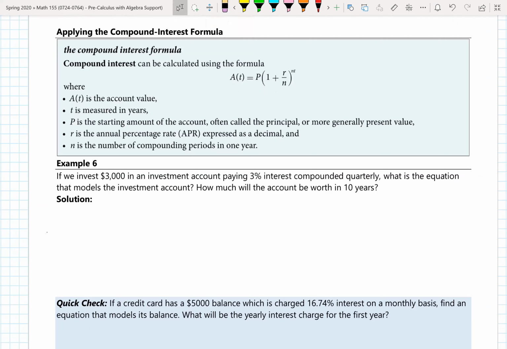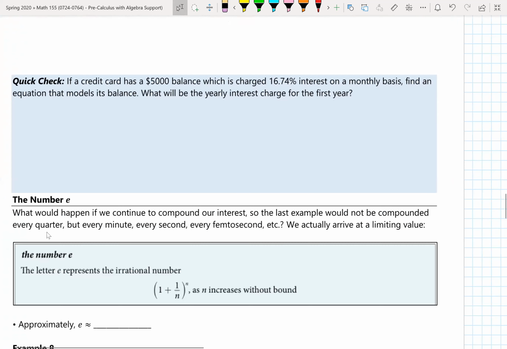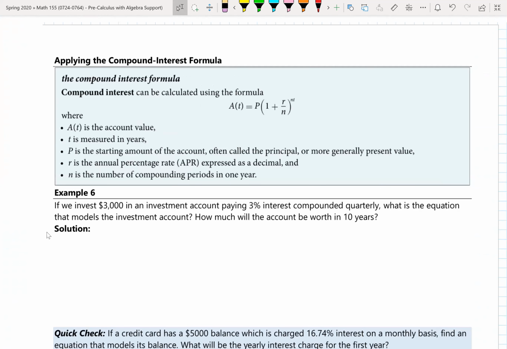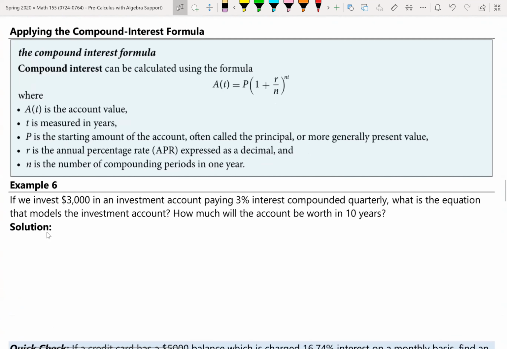So you guys are going to get a semi-quick lesson in finance. Quick lesson. For those of you who have credit cards, applying compound interest.